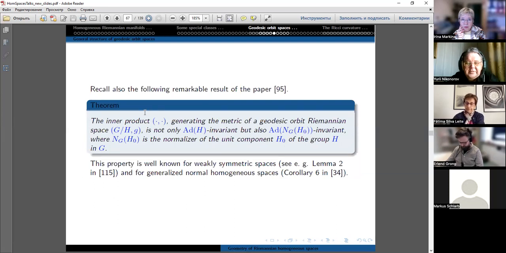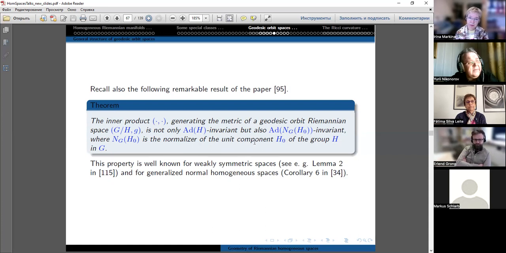And some other results. It's a result from my recent paper. Now we discuss the inner product that generates a geodesic orbit Riemannian space: it should be not only H-invariant, but also invariant with respect to the normalizer of the unit component of H. What does it mean?